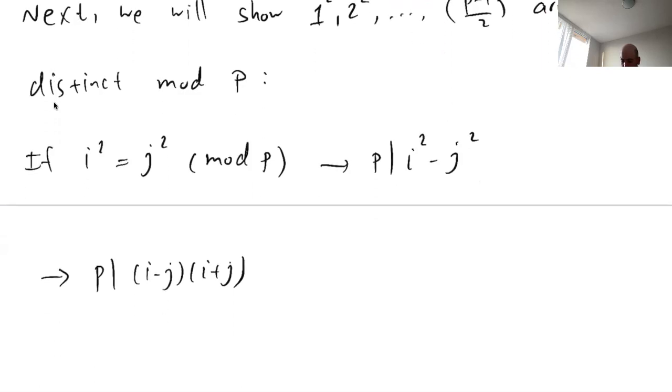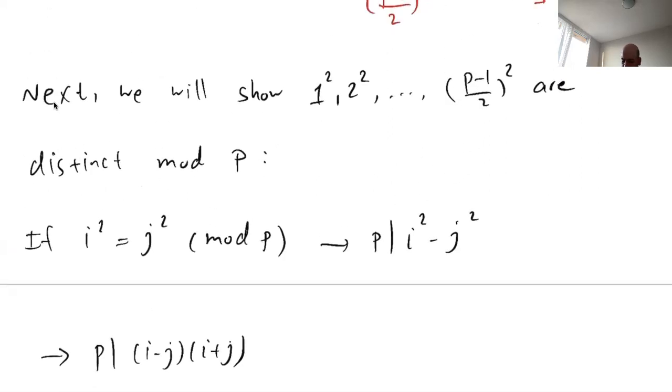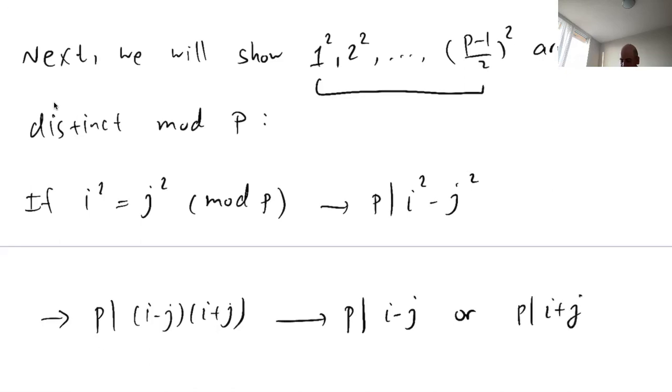So now if I'm talking about these numbers, the list of these numbers, if i and j come from these numbers, then i plus j will be at most p minus 1, right? Because i and j are between 1 and (p-1)/2. So that means p divides i minus j, or p divides i plus j.